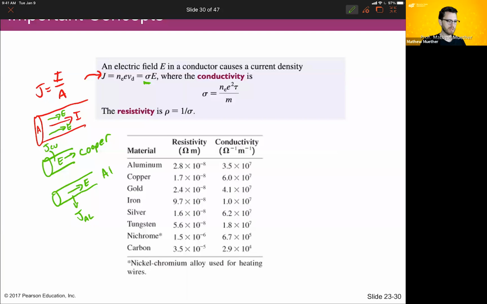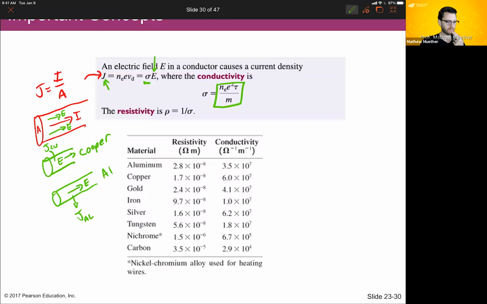You can see it has all those different factors wrapped up into it, but it's just a property that we can measure of some material that tells us, for a given electric field set up inside of that material, what is the current density that it's going to produce.